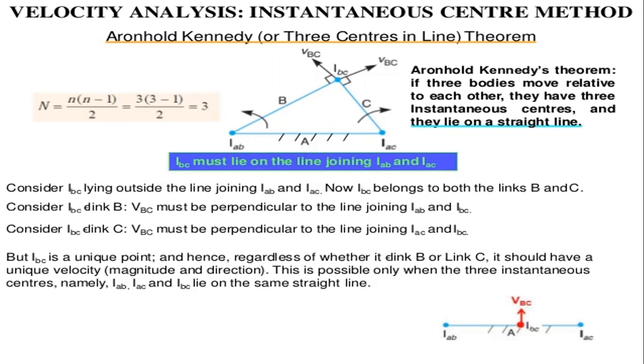This is possible only when the three instantaneous centers, namely IAB, IAC and IBC, lie on the same straight line.